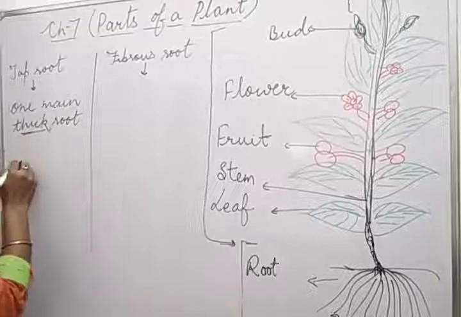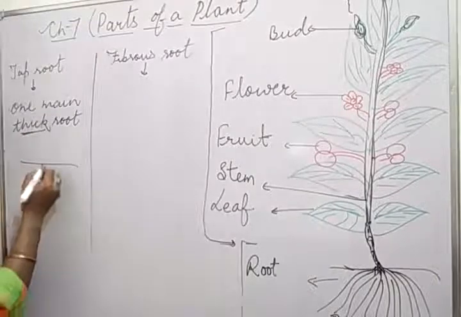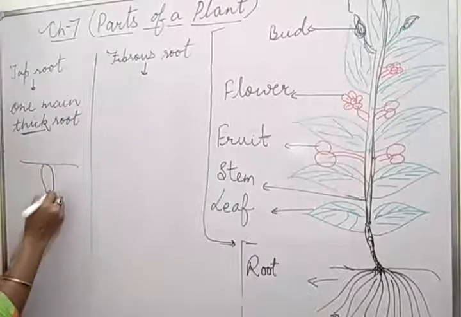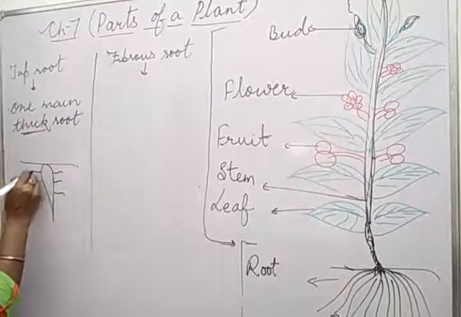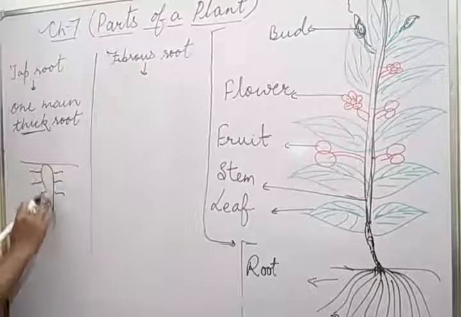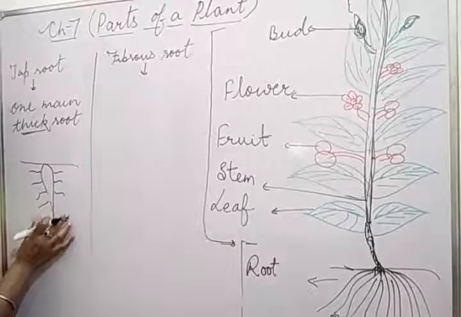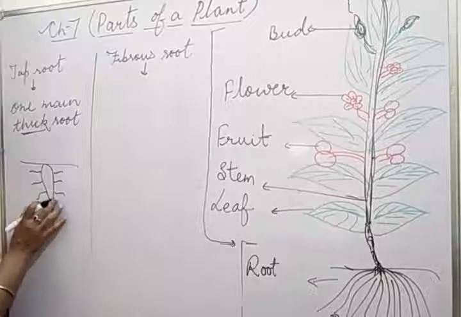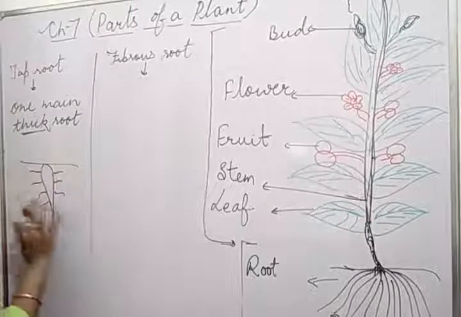इसकी जो root होती है, suppose if I make a diagram, you can understand by the diagram. This has one main thick root, main thick root होती है. That's why it is called taproot. इसलिए इसको taproot बोलते हैं क्योंकि इसमें एक main thick root होती है.